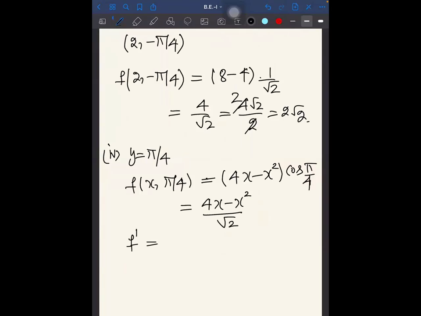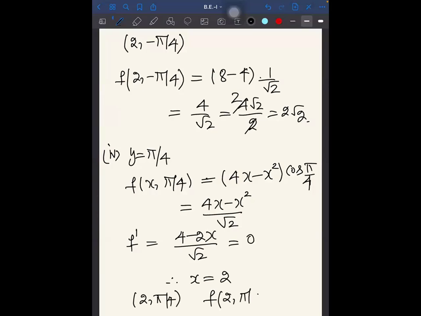This becomes (4 minus 2x) upon root 2. Keep it to 0. So this will give you x to be 2. So if your x is 2, and y is pi by 4, then (2, pi by 4) is again your point, and f of (2, pi by 4), you put 2 over here, 8 minus 4, 4 by root 2. So again 2 root 2, right?